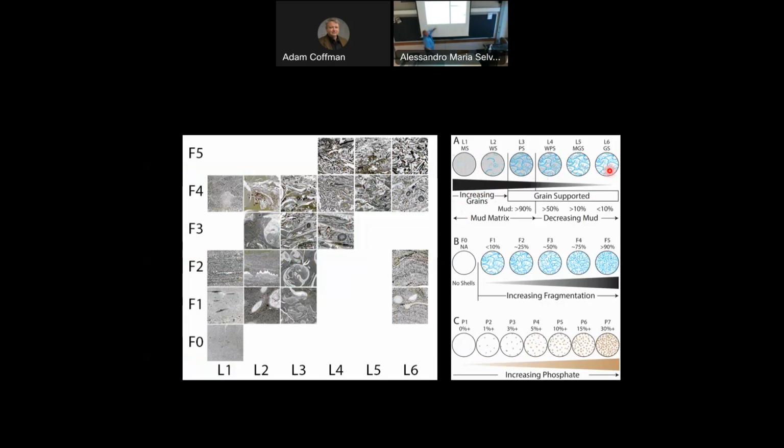And so down on the bottom here, we have whole fossils. Up on the top, we have ground up fossils, just sand, ground up shells. And what we were testing was, is this diagonal really the strongest position, right?